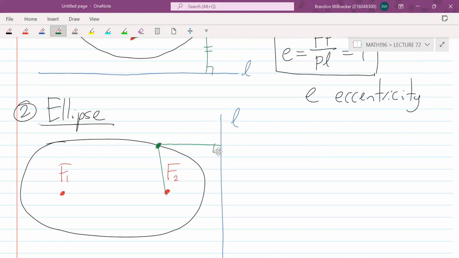So the distance from the focus to the perimeter, and then from the perimeter to our directrix line, that ratio gives us the eccentricity, which is a constant for all points P going around the ellipse. So all the points that satisfy that condition form part of the ellipse.